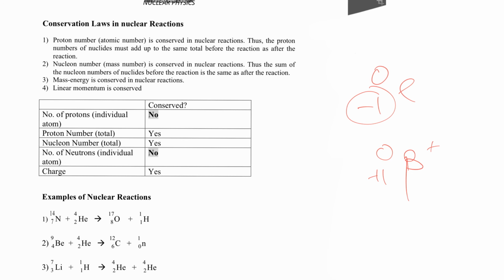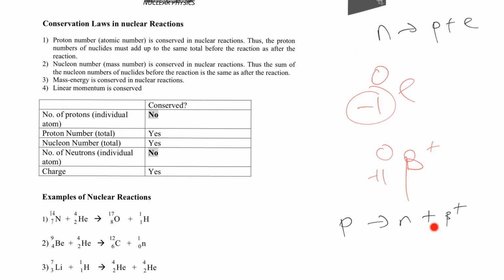A beta minus decay happens when a neutron splits to become a proton and an electron. In a beta plus decay, a proton will split to become a neutron and a positron. You understand? So what will happen here is, before the reaction and after the reaction, you will gain one proton. So the number of protons is not conserved.